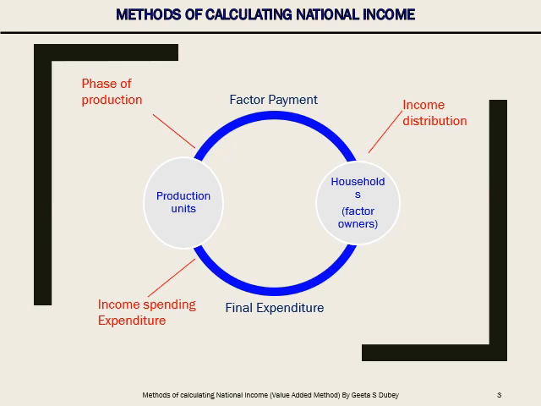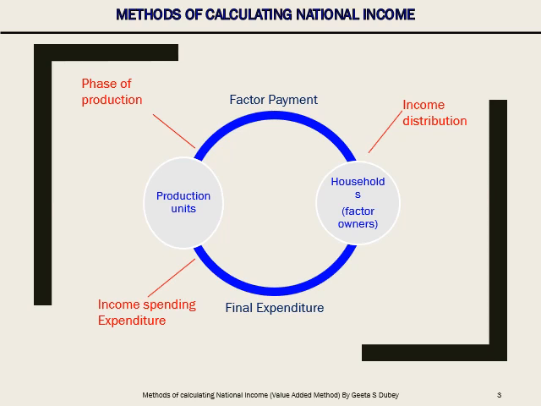Thus, in phase 2 of the circular flow, there is generation of income as a consequence of the production of goods and services in phase 1. Now, value addition is converted into factor income, and this is the income method angle. This is the second phase of the journey of income where income travels from production units to households, and we label it as income distribution or the income method of calculating national income.